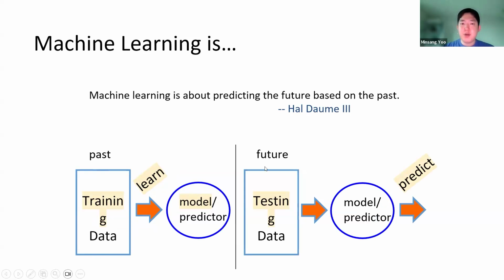In the future, we have testing data. So we call the past data training data, and the future that we try to predict, testing data. We put the testing data into the model, and it predicts and gives you results.